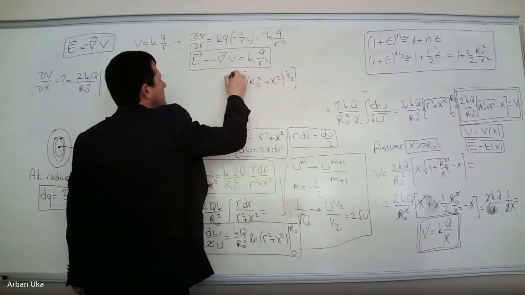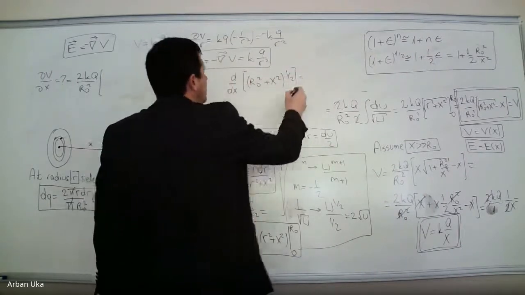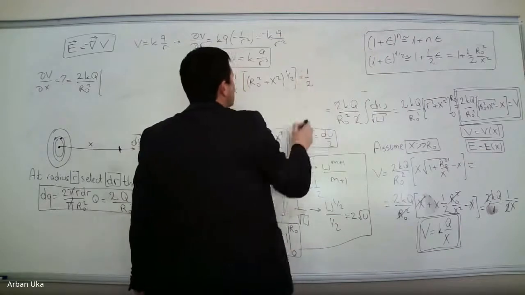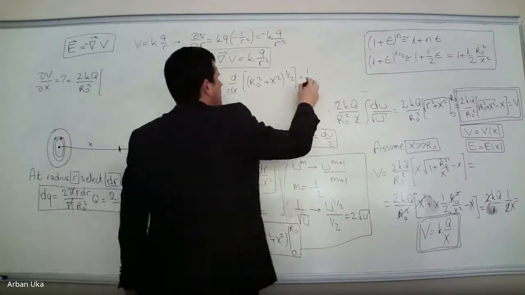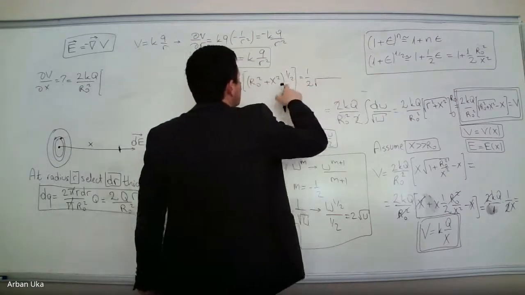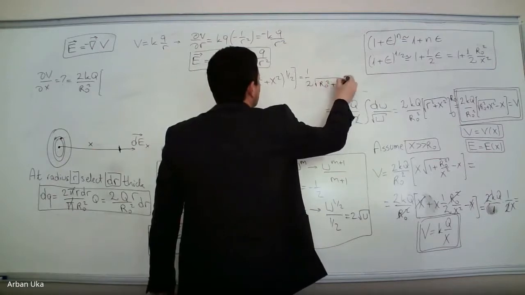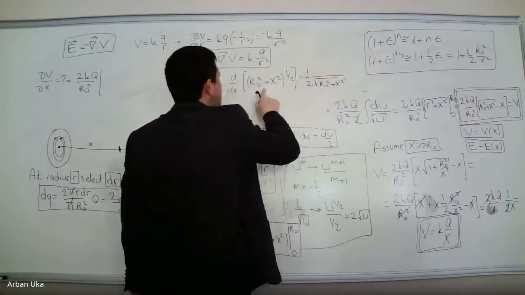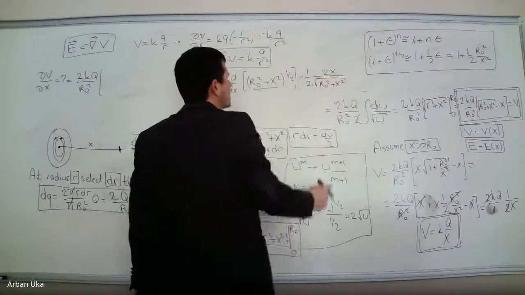So this is d over dx, and this is equal to 1 over 2 times, this is minus 1, this becomes r0 squared plus x squared multiplied by the derivative of this internal term here. So this is going to be 2x.